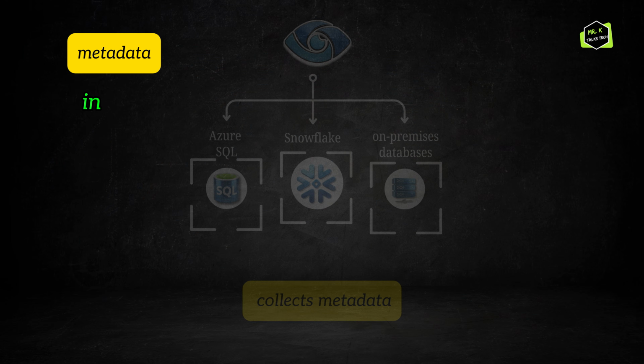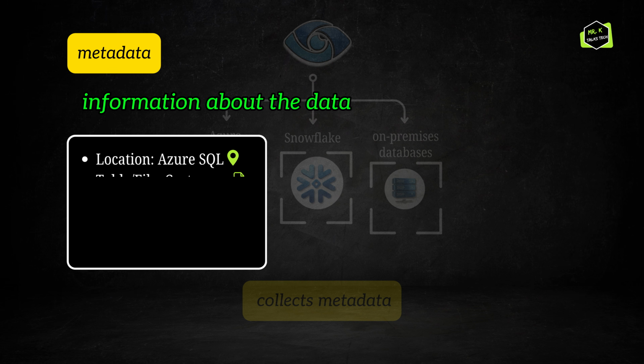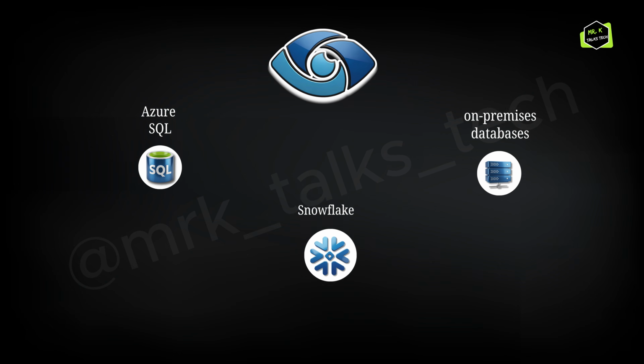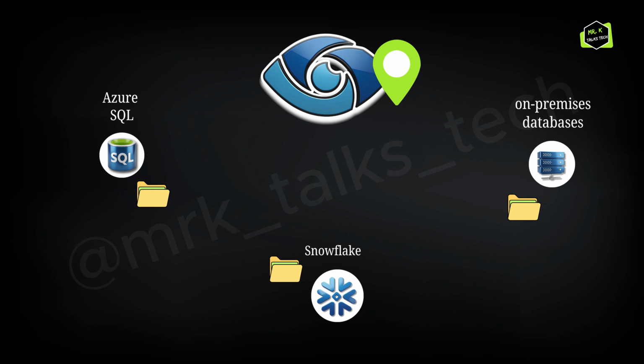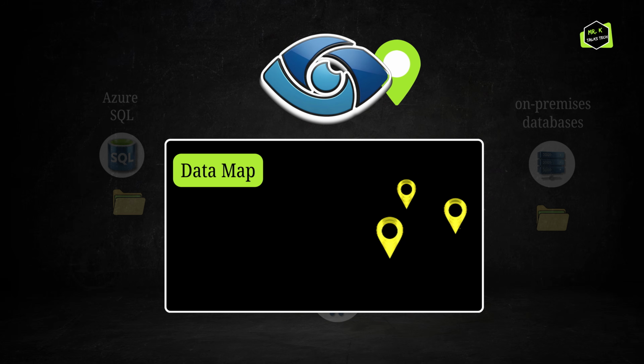Metadata simply means information about the data. For example, where it is stored, what it is called, how it is structured, and whether sensitive information was detected inside it. Purview is not copying all of the company's data into one central location. The original data stays inside the original system. Purview mainly creates a map that describes what data exists and where it can be found.